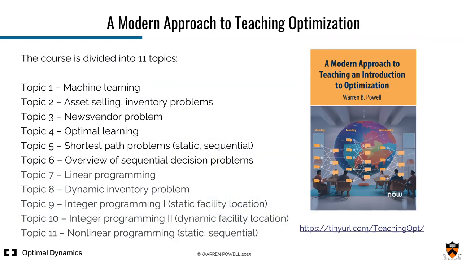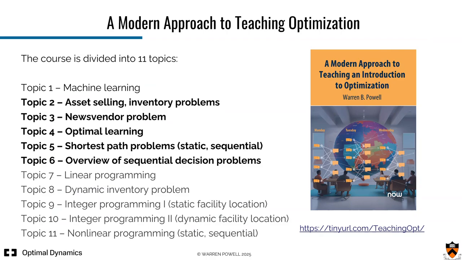So I've broken it into 11 topics. The first topic is machine learning, where we have to pick the parameters for a problem, and it introduces the idea of parameter tuning. I do both linear and nonlinear regression. Now I use that as the foundation for topics 2 through 6, which are all sequential decision problems and simple decisions. Okay, not the big vectored value stuff.